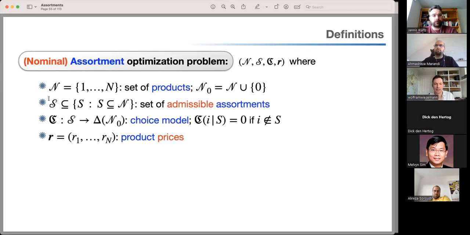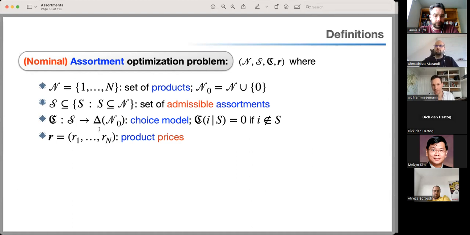In particular, in my talk here, we will be interested in cardinality constrained assortments, where we can choose any assortment that has at most K products, where K is some number smaller than N. We then have the choice model C that specifies the customer behavior. The choice model is a mapping from the set of admissible assortments to probability vectors.